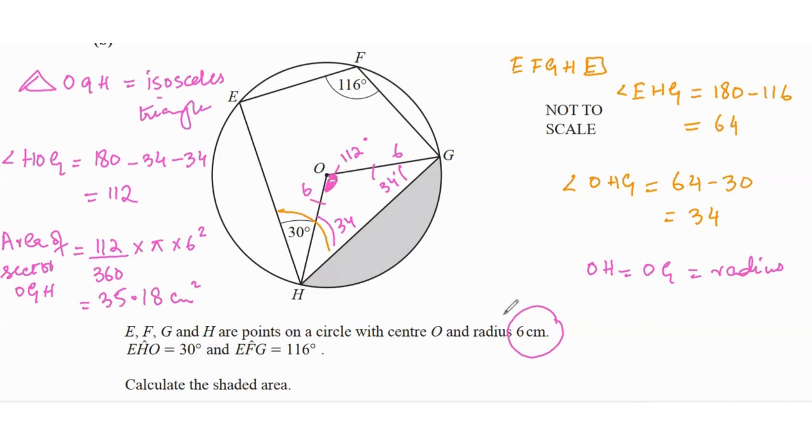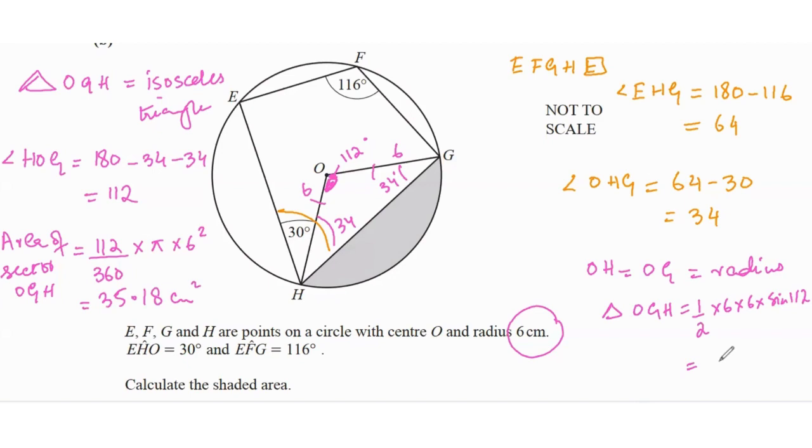Now we find the area of the triangle OGH, which would be 1 over 2 times 6 times 6 times sine of 112. The reason why using this formula is because when we have a non-right angle triangle and they've given us two lengths and the angle between them, this formula is applicable over there.